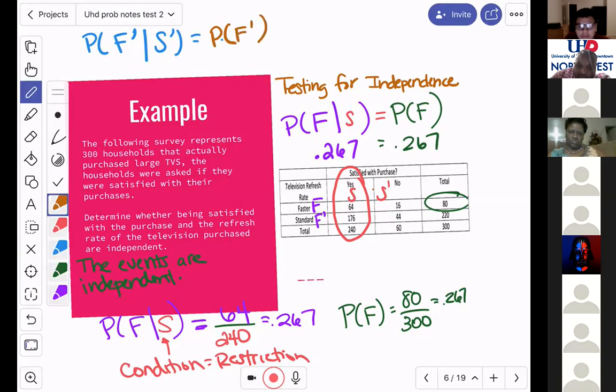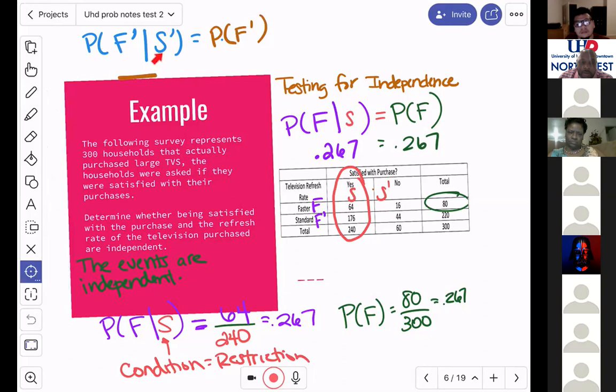So let's calculate this now. F prime given S prime. So the first thing I'm going to do is restrict my sample. Who do I restrict the sample to? Look at it again. That's not satisfied. How many people are not satisfied? 60. 60 people are not satisfied.